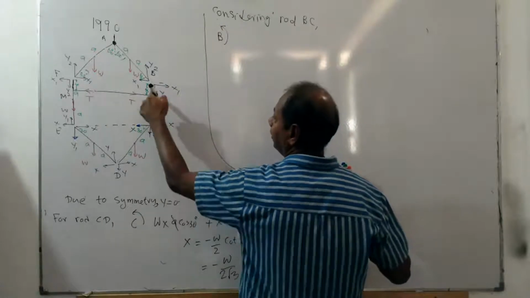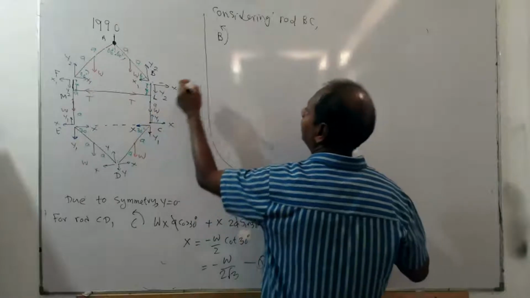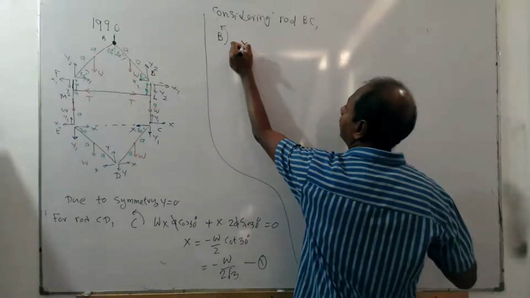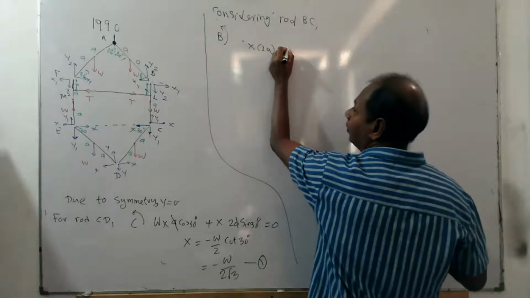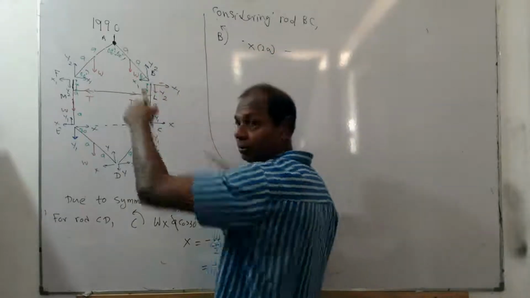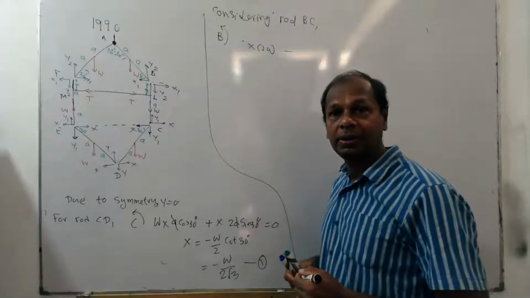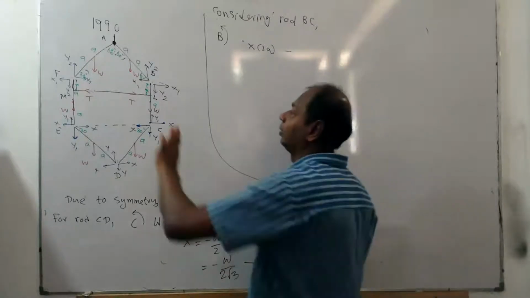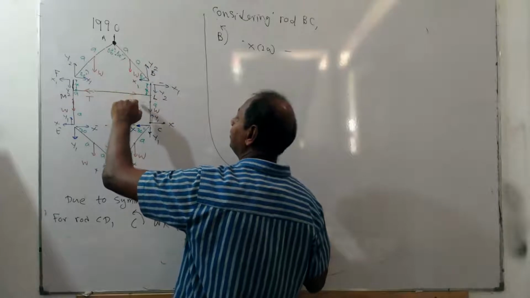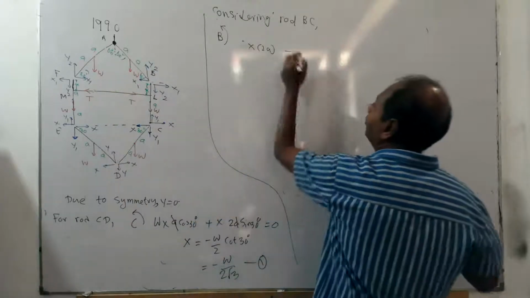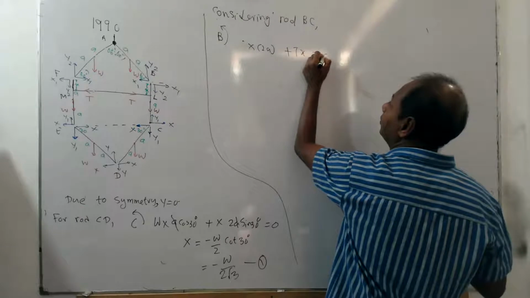You get T x into 2a. This is also rotating in the same direction. So we will say the moment is T into x plus capital X into 2a equals 0.